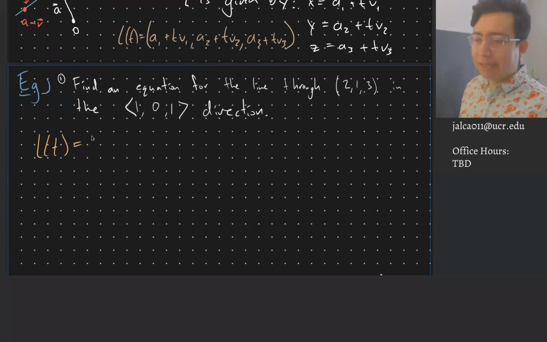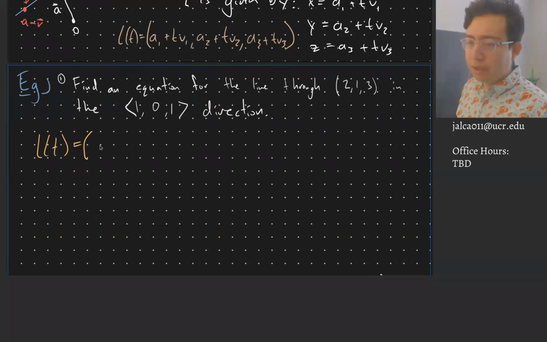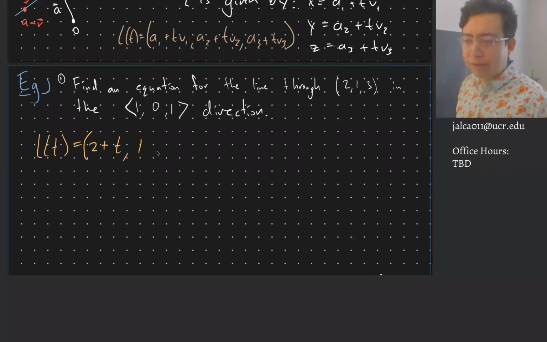So basically, this is going to be A1 plus T times V1. So that's 2 plus T times 1. And then 1, that 1 is coming from right here, this 2, 1, 3. And then plus T times V2, but V2 is 0, so that's just going to be plus 0.